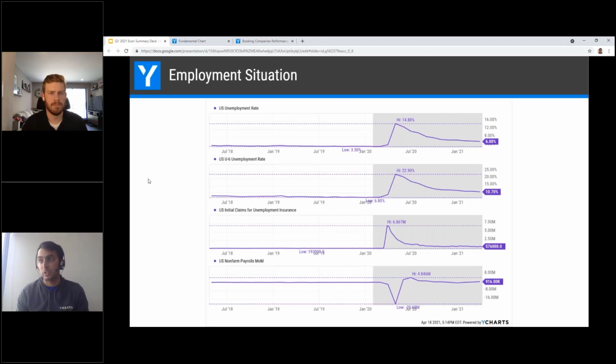So 6% is where we're at right now in terms of unemployment. That U6 unemployment rate, which is calculated a little bit differently, is at 10.7. And then you'll see a few more indicators here at the bottom. But like I was mentioning, these numbers are coming back to normal levels after those March extremes. So hopefully the trends continue in that direction.